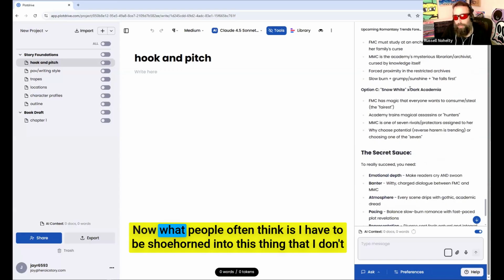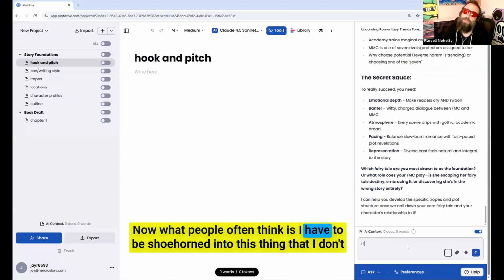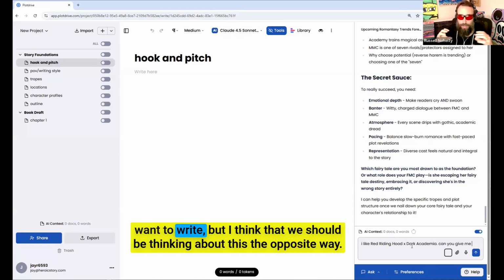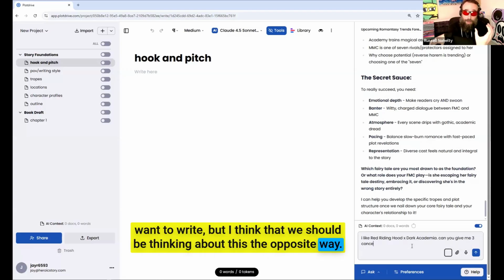Now, what people often think is I have to be shoehorned into this thing that I don't want to write. But I think we should be thinking about this the opposite way.